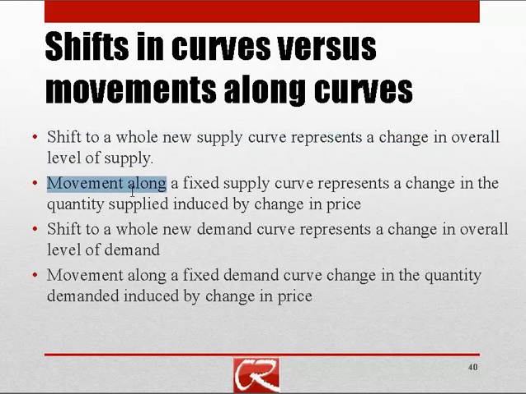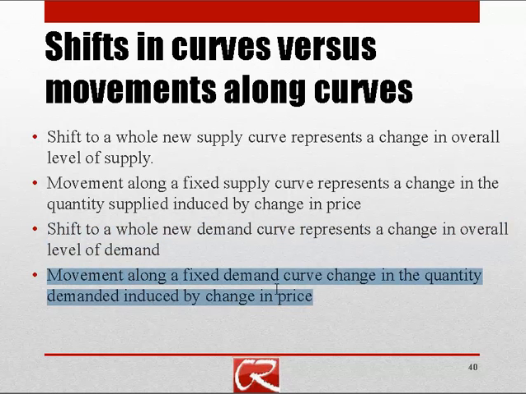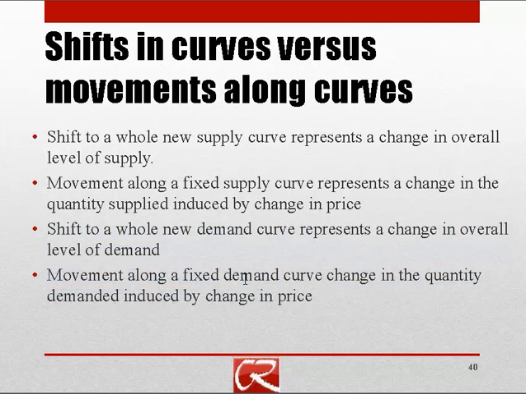Contrast this with a movement along the supply curve, which represents a situation where the price has changed, and that changes the amount that sellers are willing to sell. Likewise, the shift to a whole new demand curve represents a fundamental change in the overall level of demand, whereas a movement along a fixed demand curve represents people wanting to buy more or less because the product has become cheaper or more expensive.